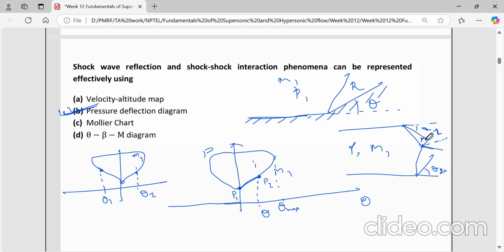Let's say here the Mach number is M2 and here the Mach number is M3. So for Mach number M2 and theta 1 we will make one more theta-P diagram, and for this also we will make one more diagram.